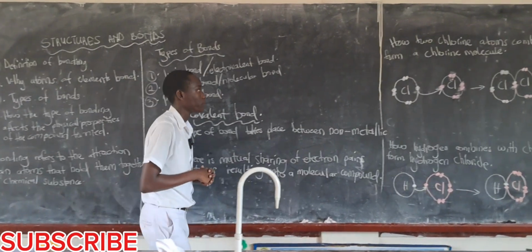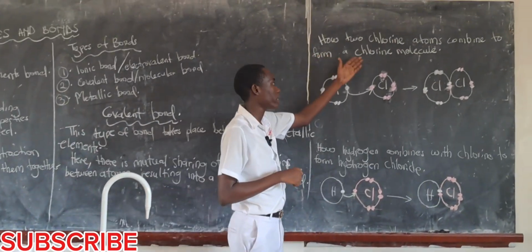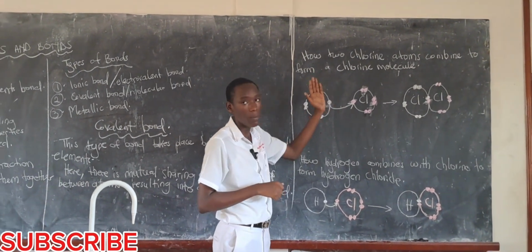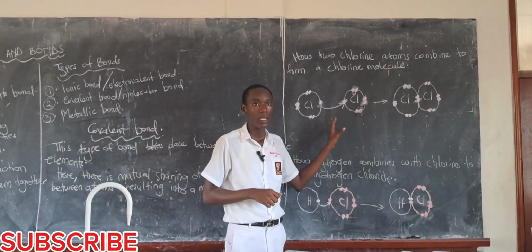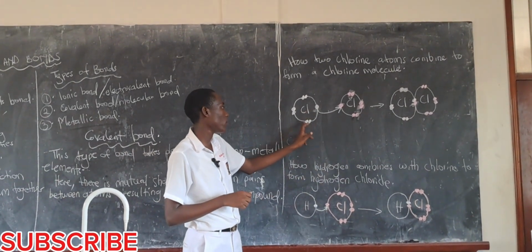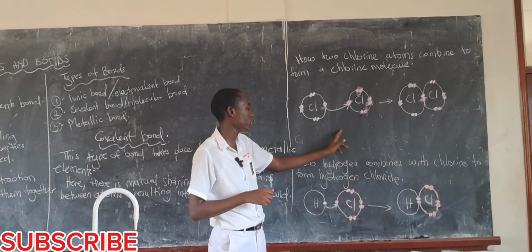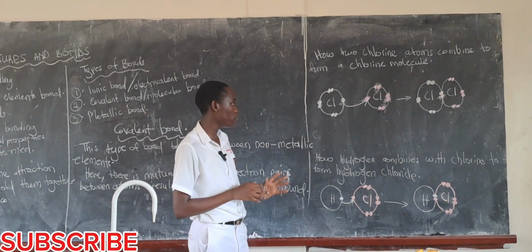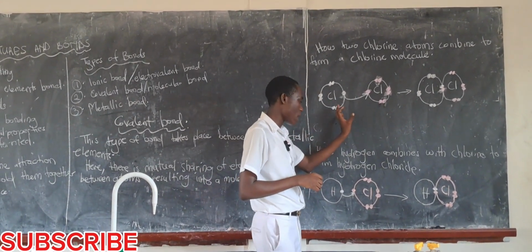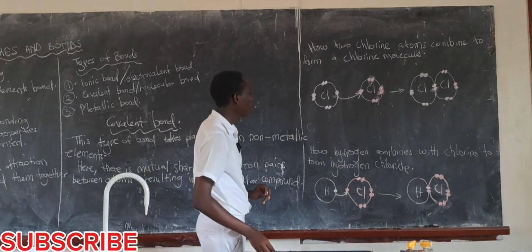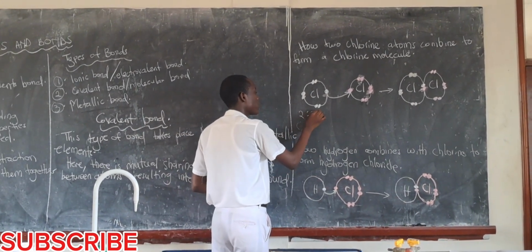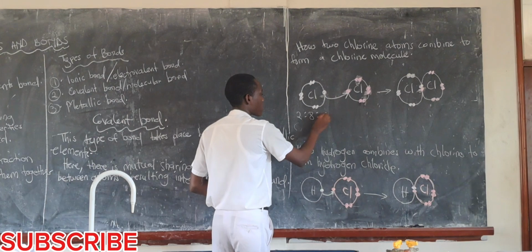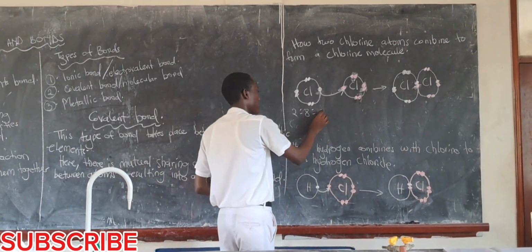For example, how 2 chlorine atoms combine to form a chlorine molecule. You know that chlorine is diatomic, with a molecular formula Cl2. So how is it formed? We have a chlorine atom with an electronic configuration of 2, 8, 7.